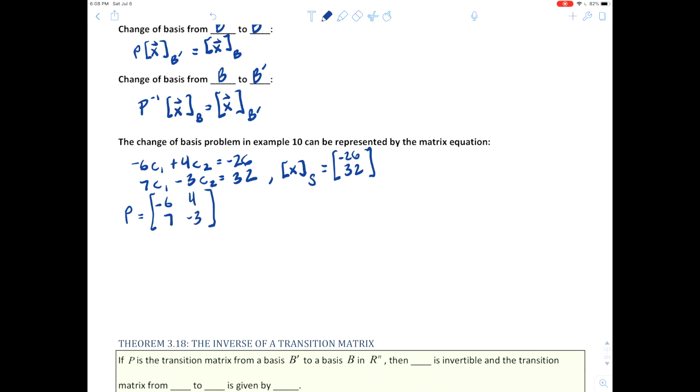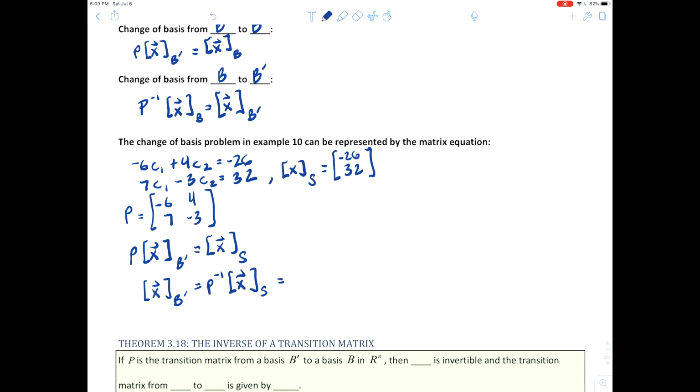And then we multiply P times the coordinate matrix of x relative to B prime, which is equal to the coordinate matrix of x relative to the standard basis S. What would we have? Well, the coordinate matrix of x relative to B prime would equal P inverse, right? I multiply both sides on the left by P inverse times the coordinate matrix of x relative to S.